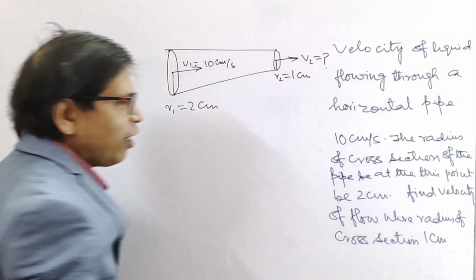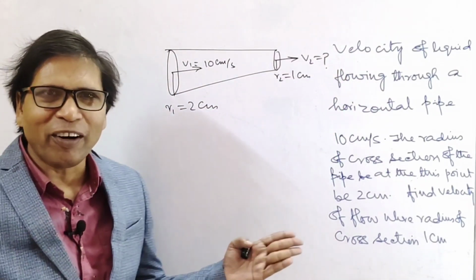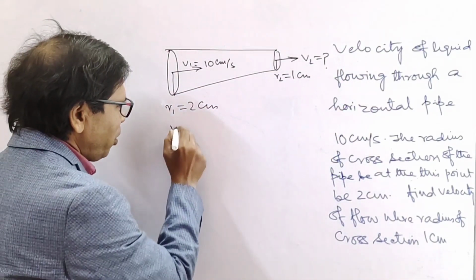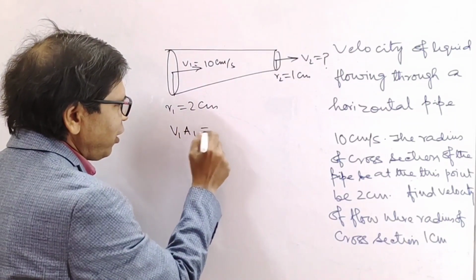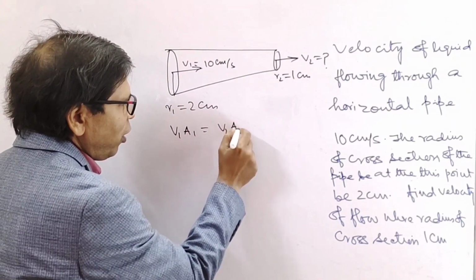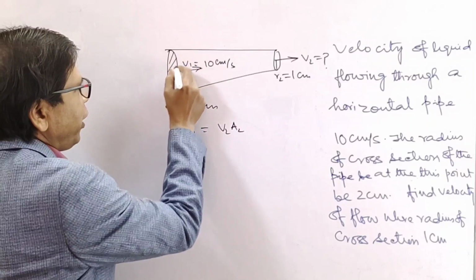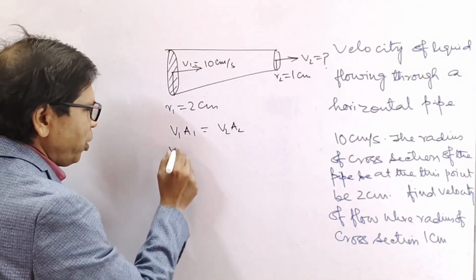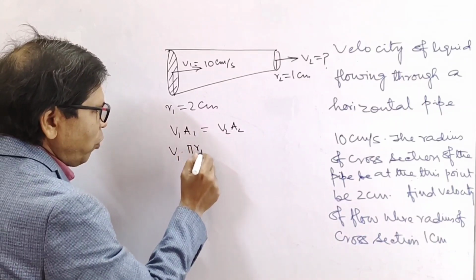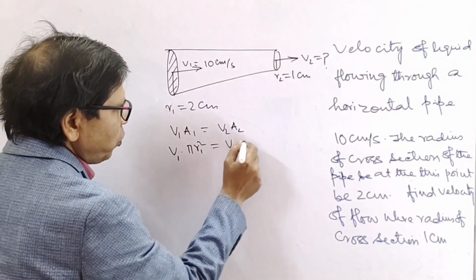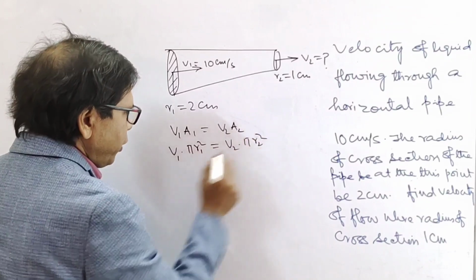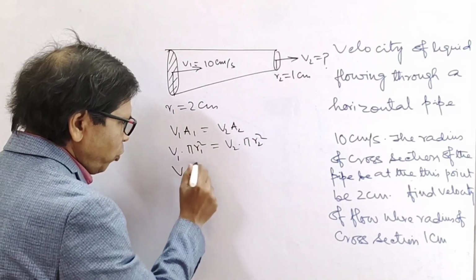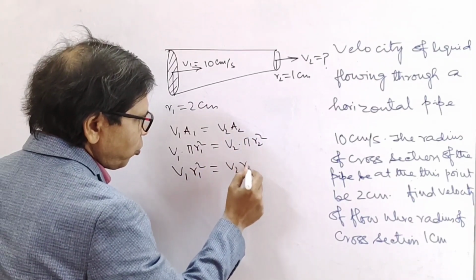Okay, understood? Now from the equation of continuity we know v1 A1 equals v2 A2, where A2 is the area of cross section at this point. Therefore v1 into pi r1 square equals v2 into pi r2 square, so v1 r1 square equals v2 r2 square.